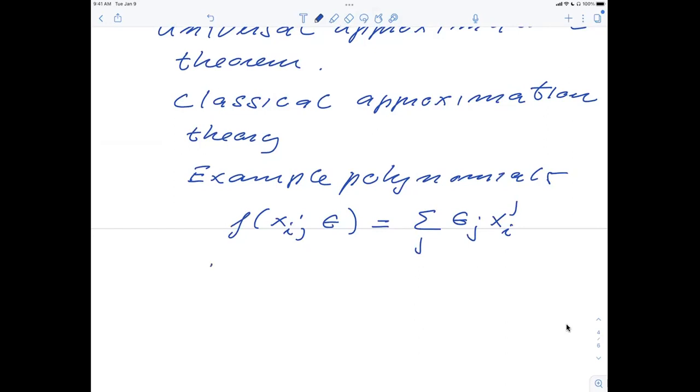So the Stone-Weierstrass theorem, and for those of you who are familiar with real analysis, you may have seen this proof before.